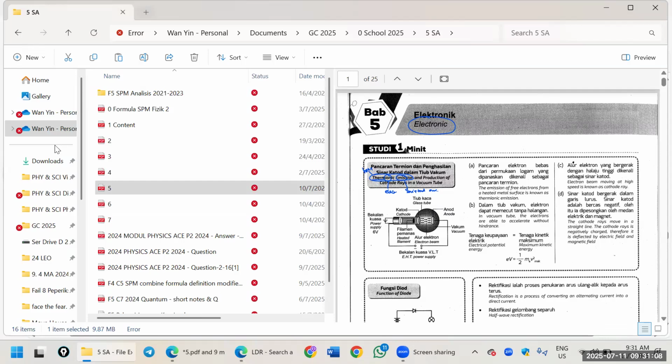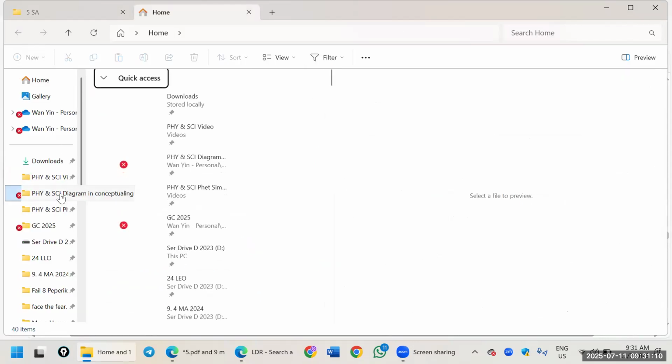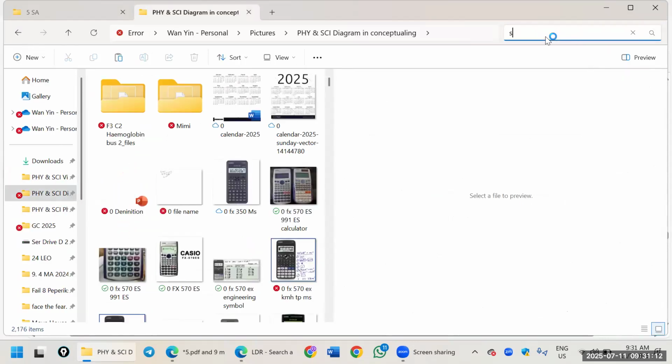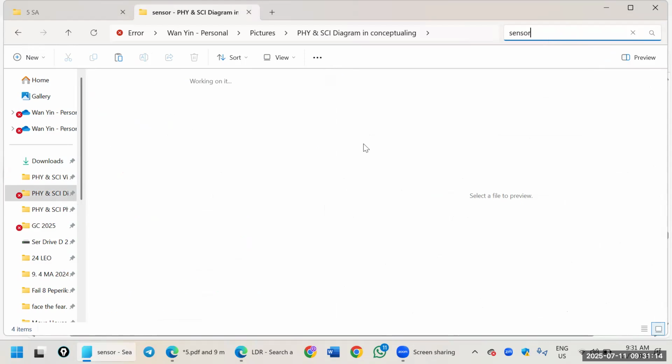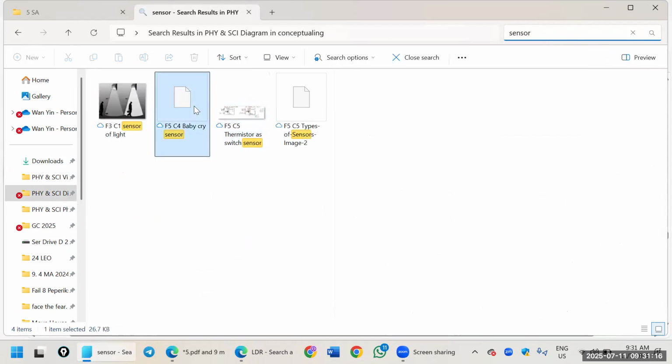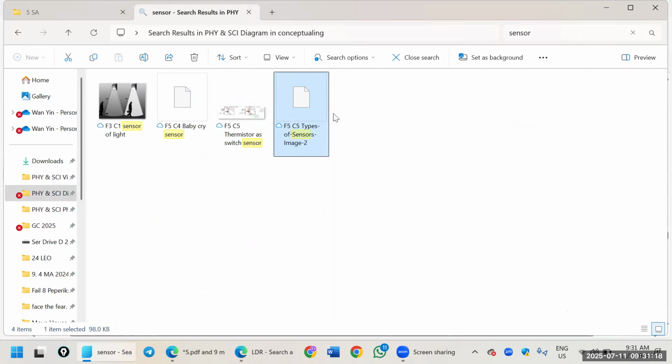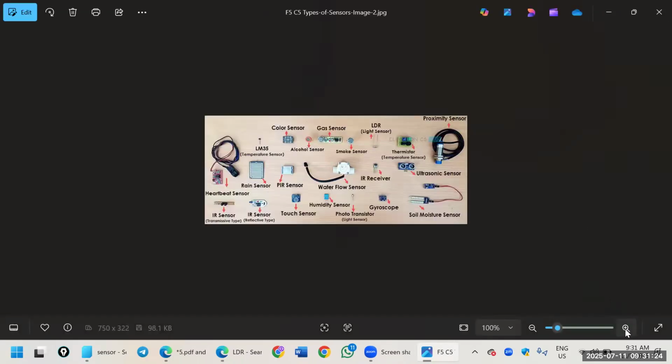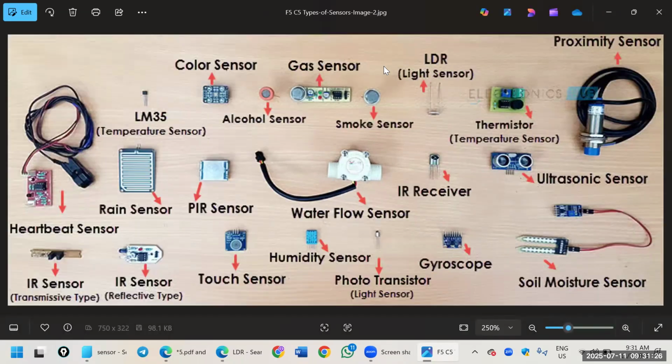By the way, if you are interested in it, you can go search that. There are a lot of sensors. In Form 5 we just learn two, the light sensor and the thermistor.